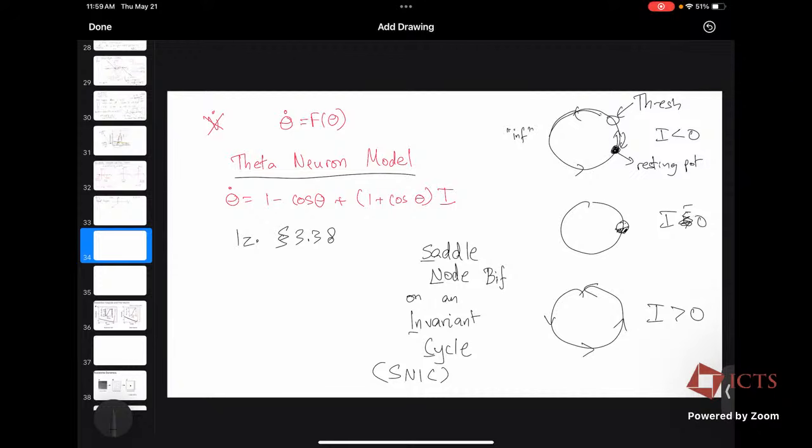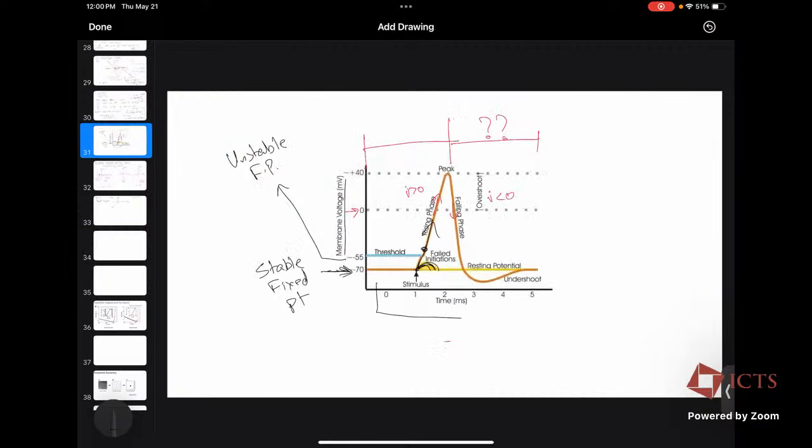Are there any other questions in the classroom? No. Okay. I can see that there's something on the chat. What do you mean by resetting? By resetting, I just mean the potential being able to come back down.